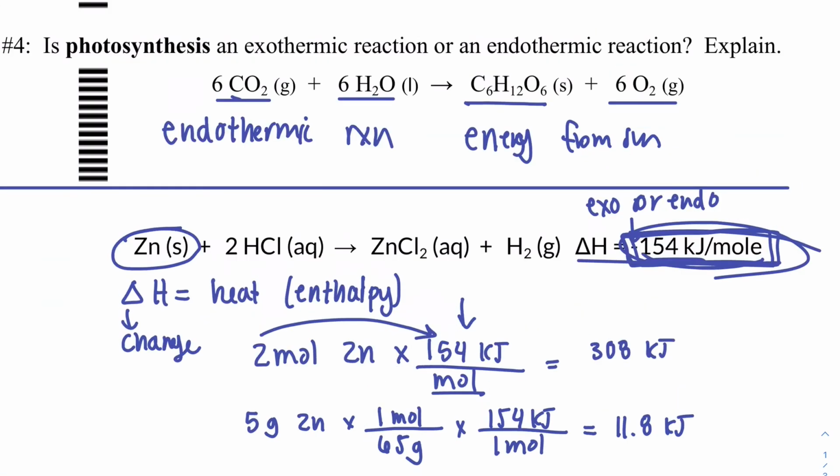So this is just another conversion factor that you can use in stoichiometric calculations in a balanced chemical equation. All right, you should be able to do the rest of the homework. Good luck.